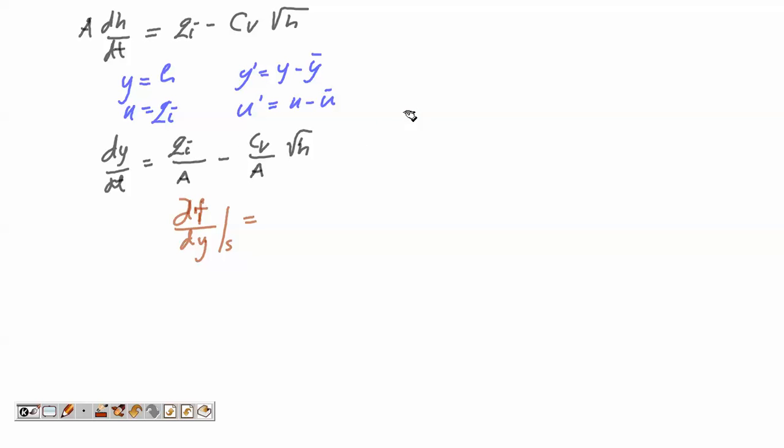So dy/dt is a function of y and u, so this is a function of y and u.